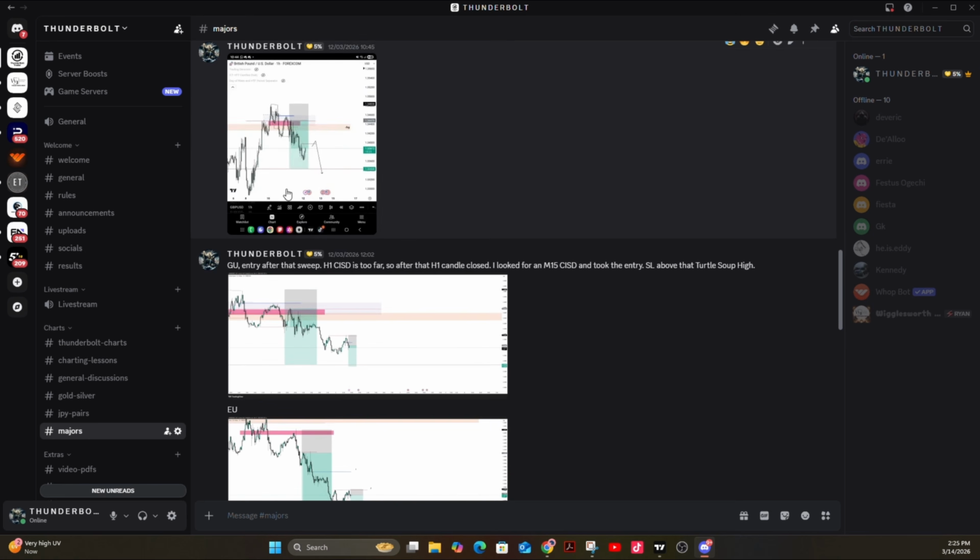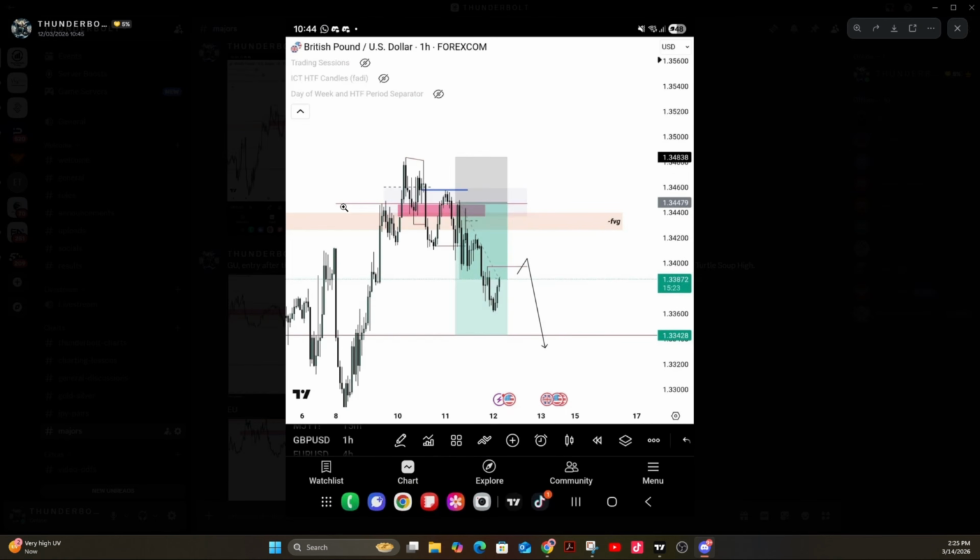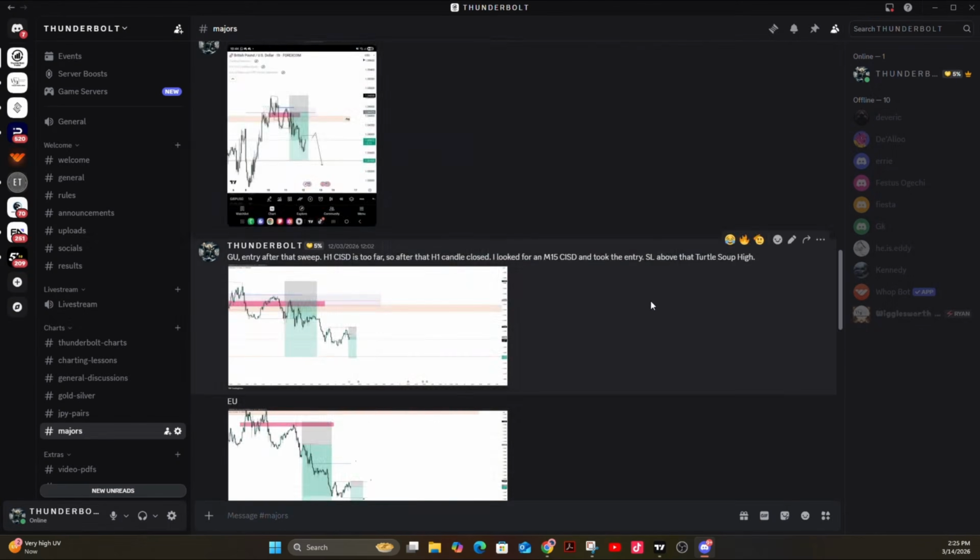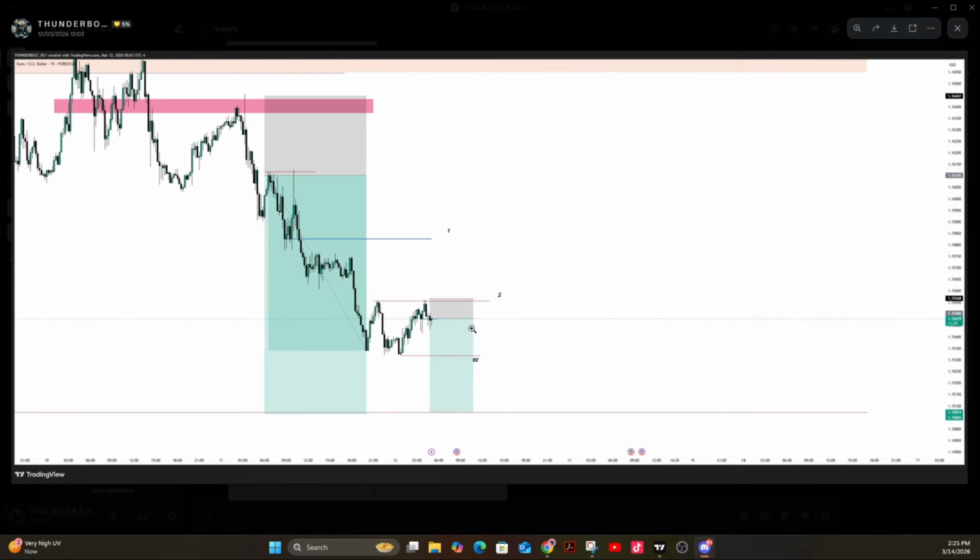I sent another trade on Monday from this daily fair value gap that you can see. We had SMT, smart money reversal, and now we wanted to trade the sell side of the curve. I told members if we take out this high, we look for sells. And you can see the same thing that happened.